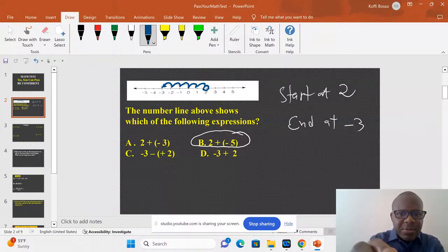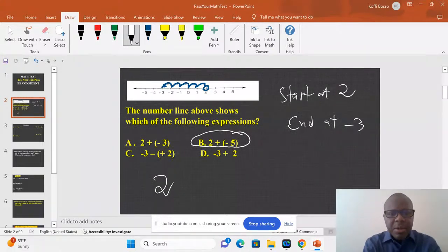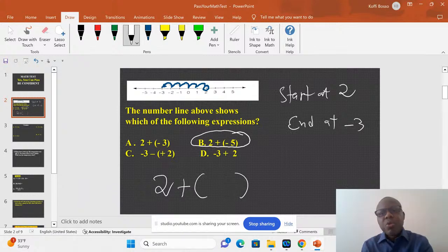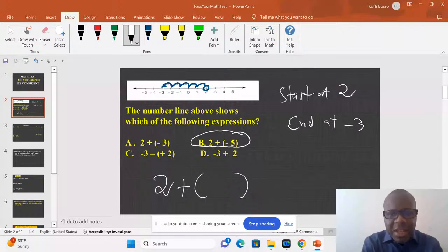So this is telling you that the expression has to be 2, which is the start point, plus, okay? Now, because you move 5 units to the left, that left means -5.